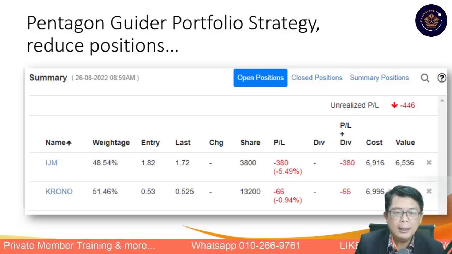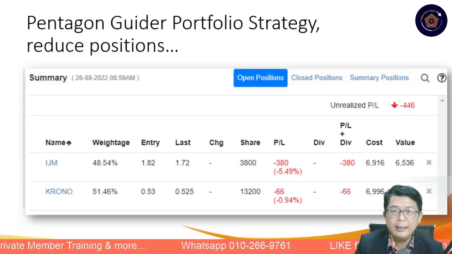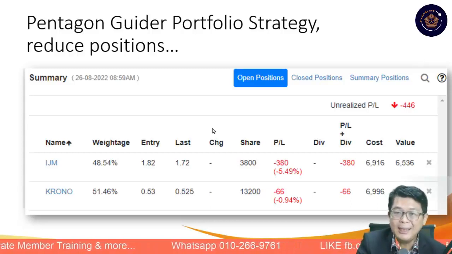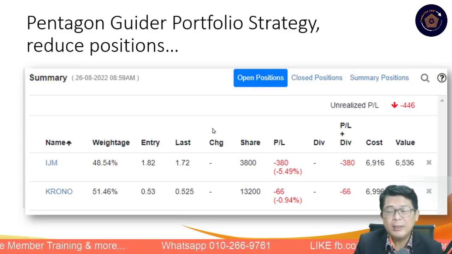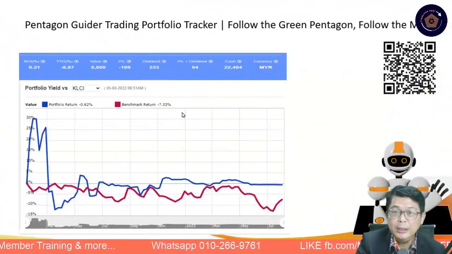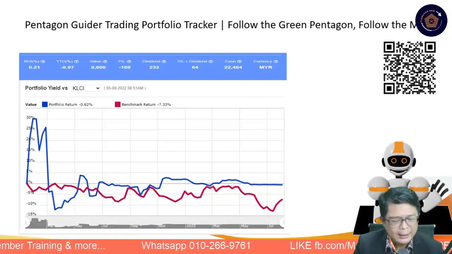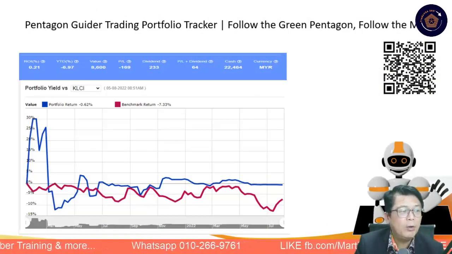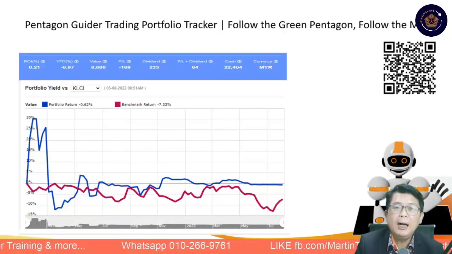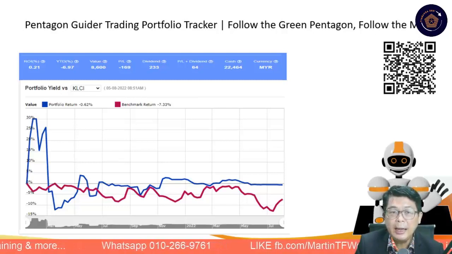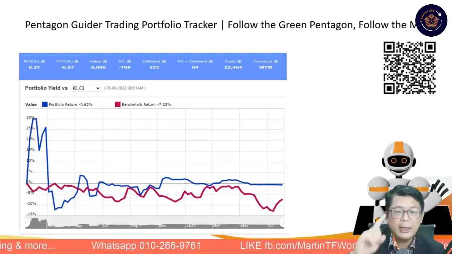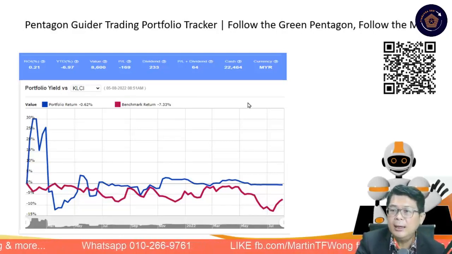We took up D-Sonic, and if you check out D-Sonic later on, it's starting to move up nicely. Again, the backdrop of the KLCI is GE15, which I think many of you have been following in the media. A lot of them are talking about the likelihood of GE15 happening this year.